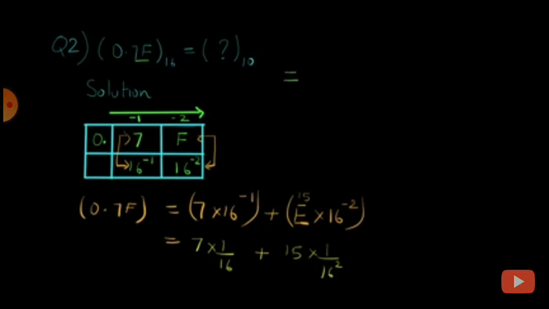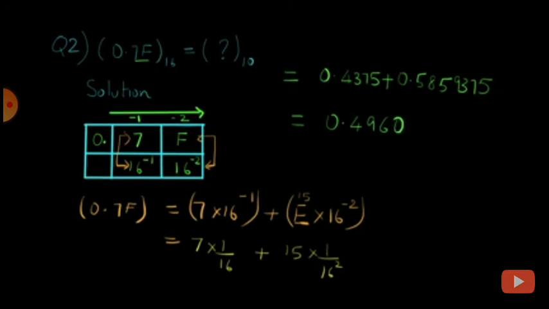So solving the sum, we further get the values 0.4375 plus 0.5859375, which gives us the final answer as 0.4960, and you can neglect the remaining digits.